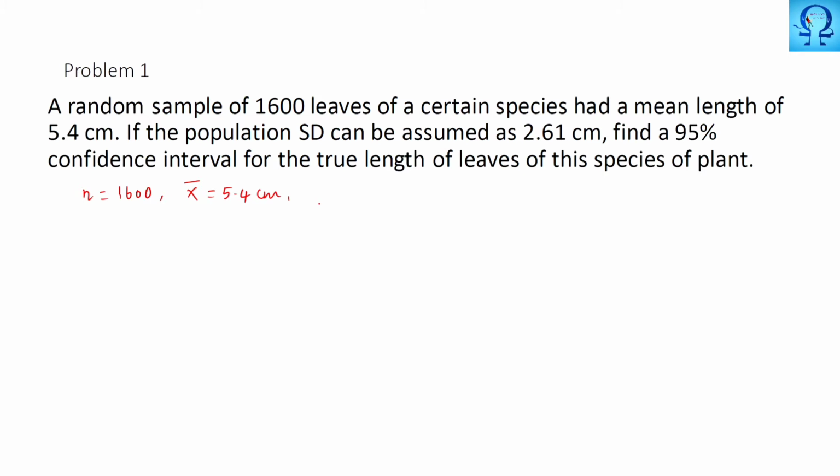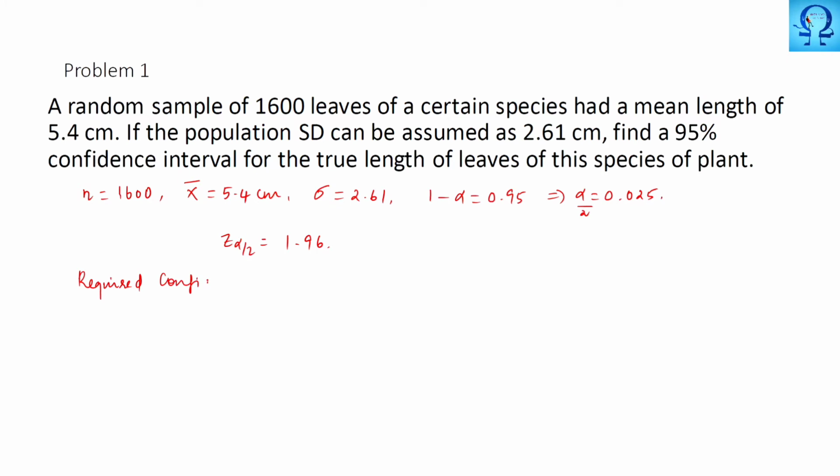If the population standard deviation sigma is 2.61, we are asked to find out the 95% confidence interval, that is 1 minus alpha is 0.95, from which we deduce alpha upon 2 is 0.025. If we read the value of z alpha upon 2 from the table, it is 1.96, as we have done already.